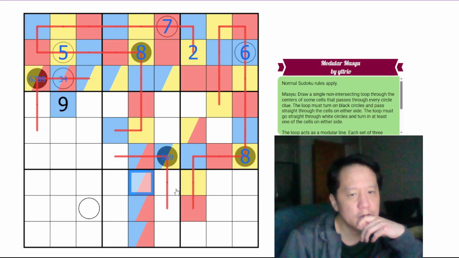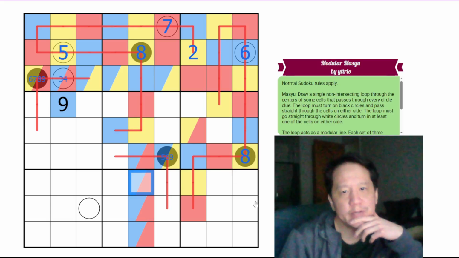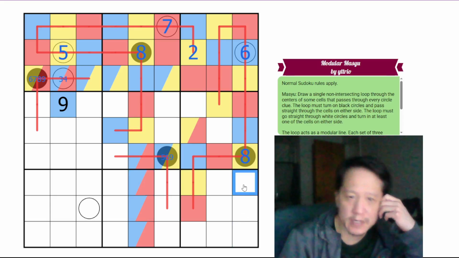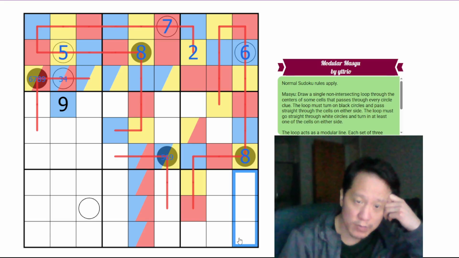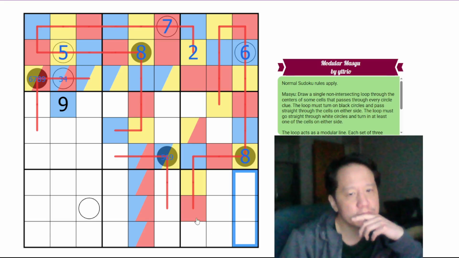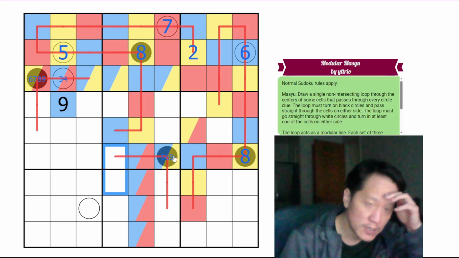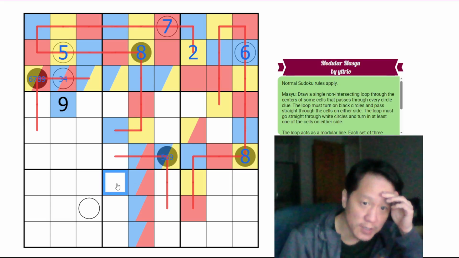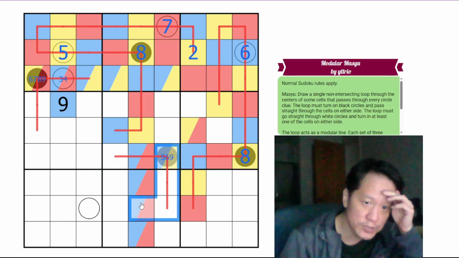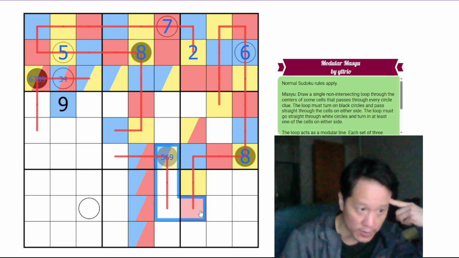Remaining digits of column 9. This is red, yellow, and blue here. For this to be 5, then it has to turn here. This is yellow, then this would be yellow. This would have to turn. It could not turn to here, and it could not turn here.